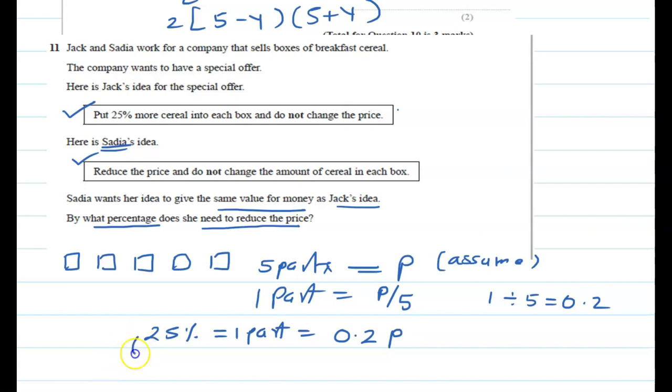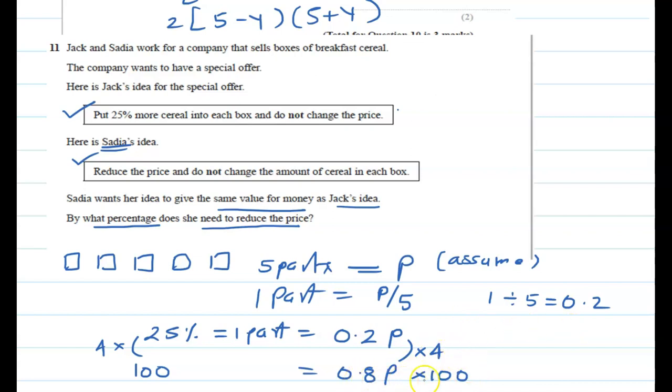If we times by 4, then it will be 100%, and times by 4 here as well, so it will be 0.8p. To convert 0.8p into a percentage, we need to multiply by 100, because we are talking about percentage.